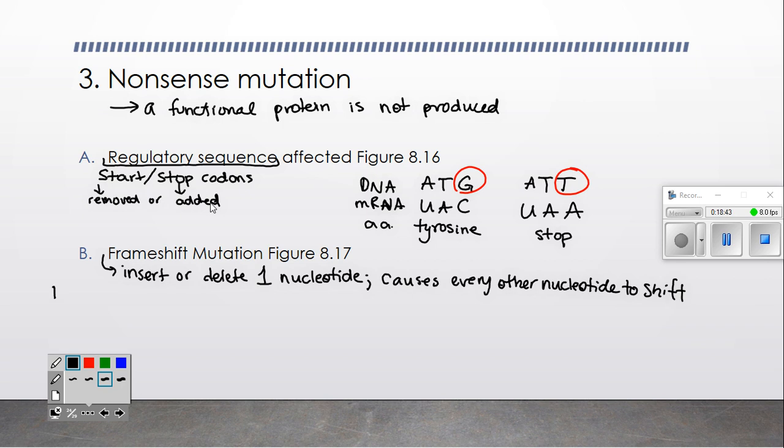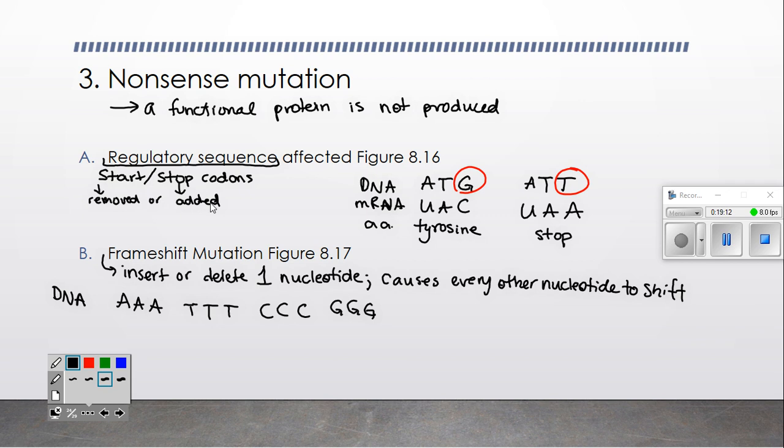So we'll just make a DNA code. Now I made it a bit longer this time because to see the effect of a frame shift mutation, you really need to consider more than just the codon that you're looking at.